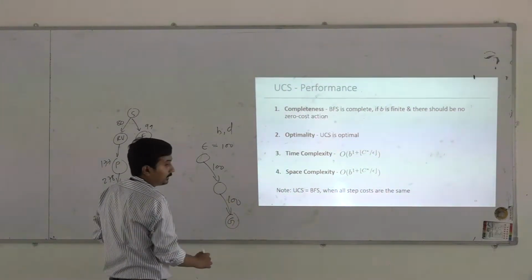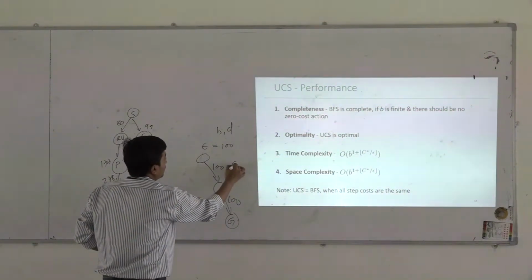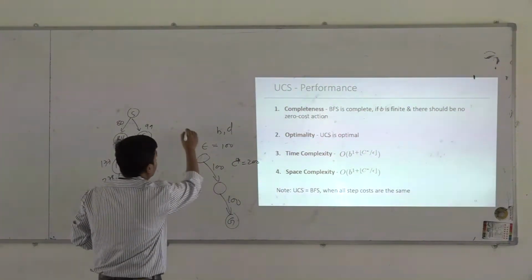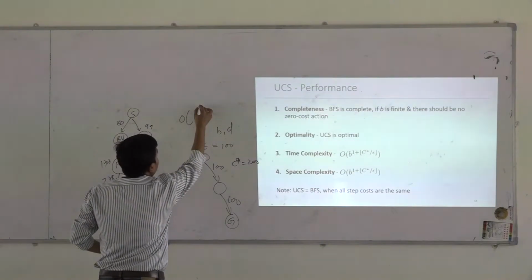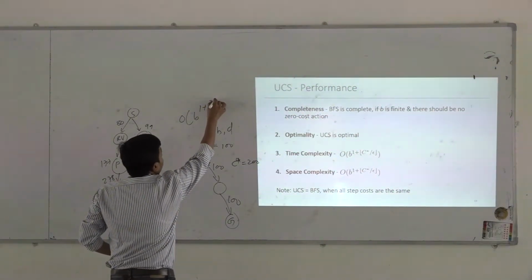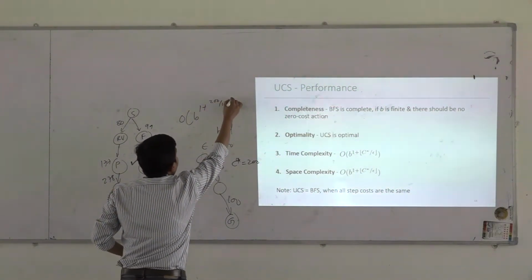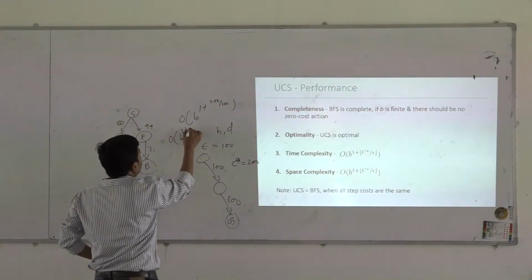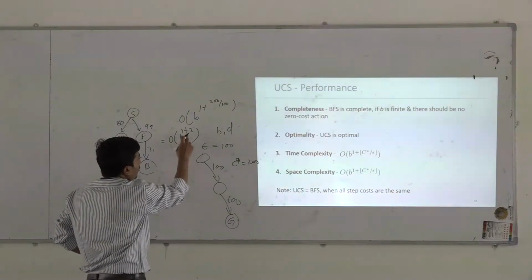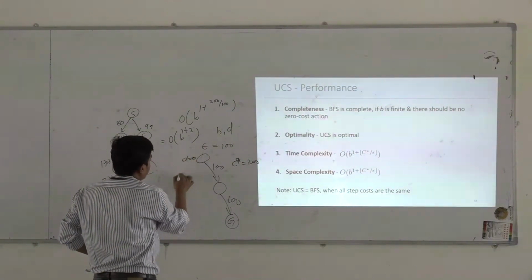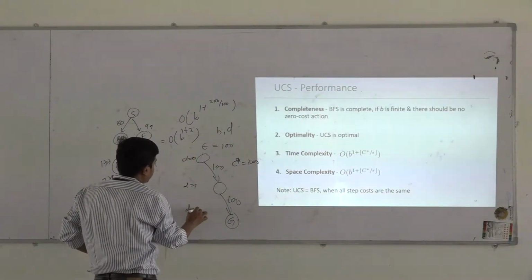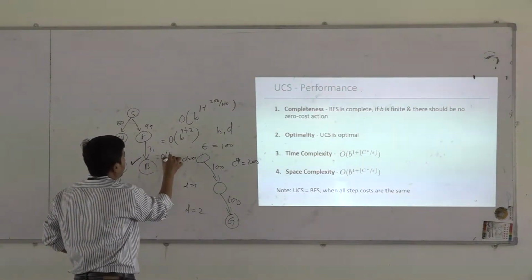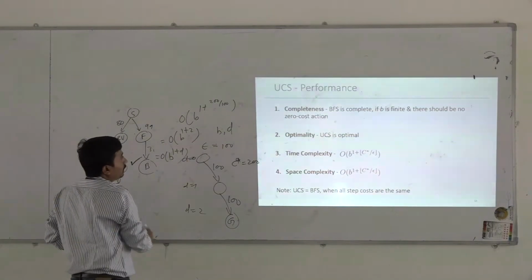Let us consider this is our goal, so C star will be 200. Now put the values: B to the power 1 plus 200 by 100, that is B to the power 1 plus 2. What is 2? This is D equals 0, D equals 1 and D equals 2, right? So this is nothing but order of B raised to the power 1 plus D.